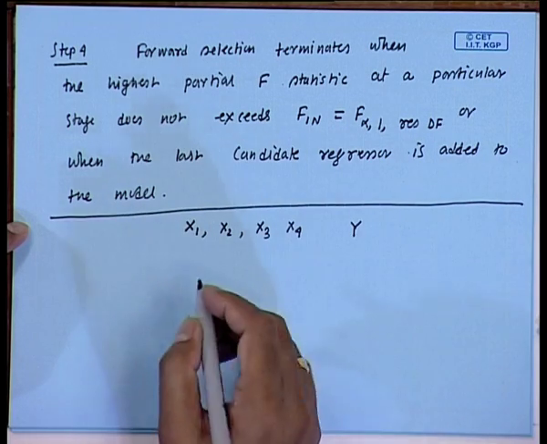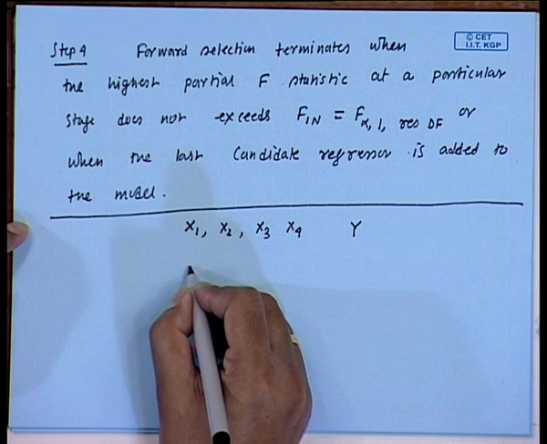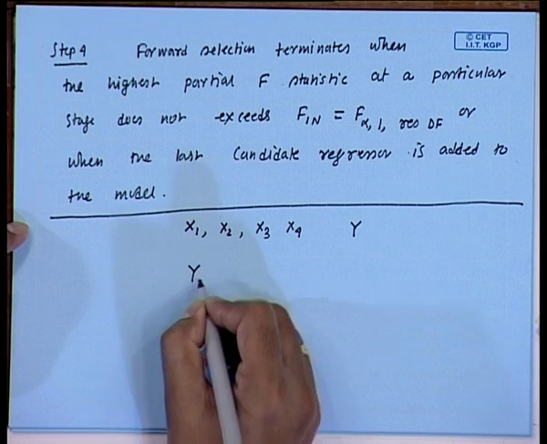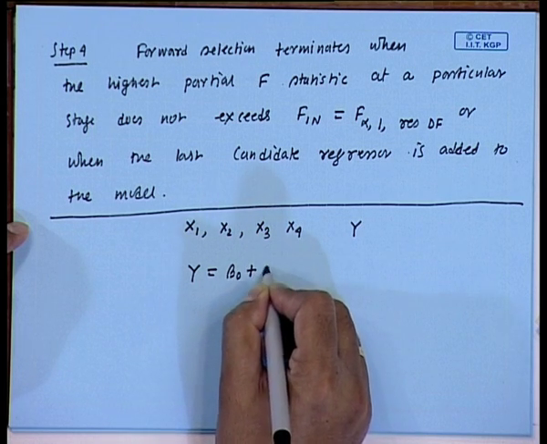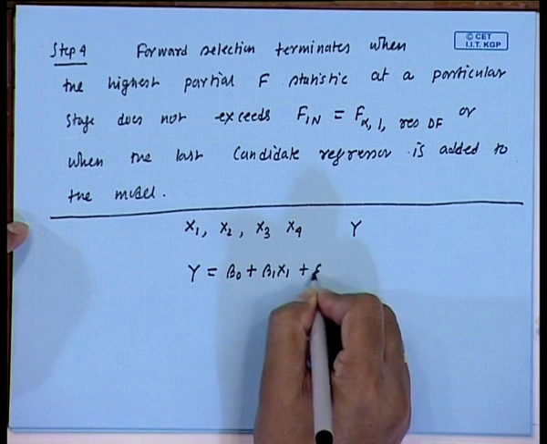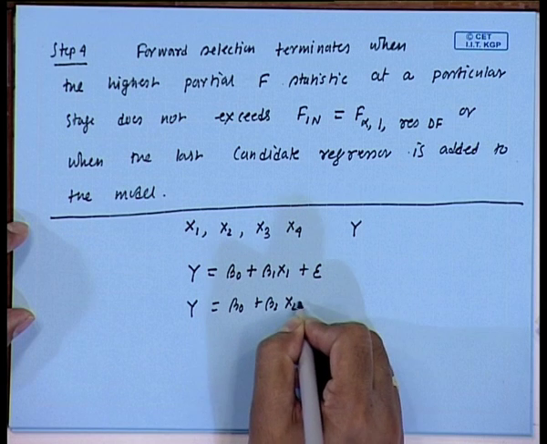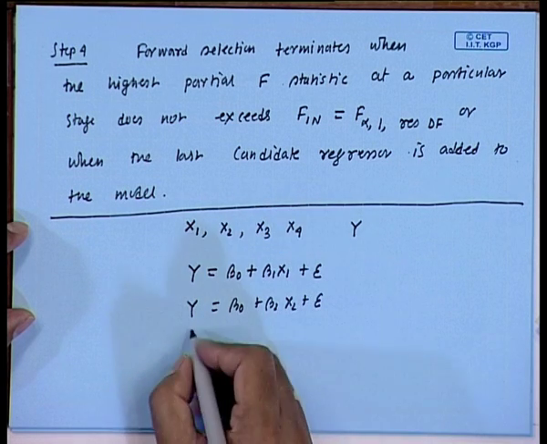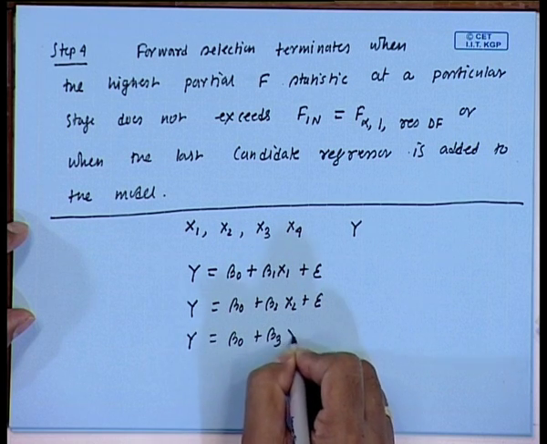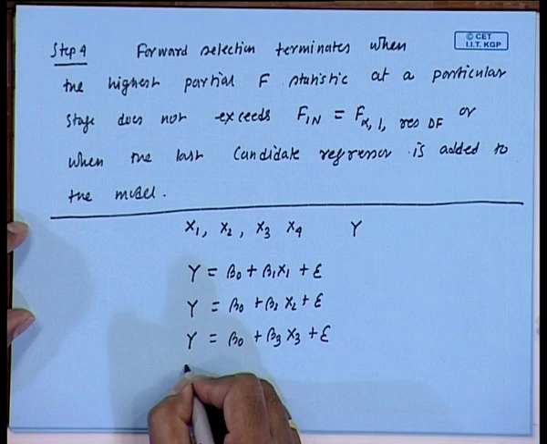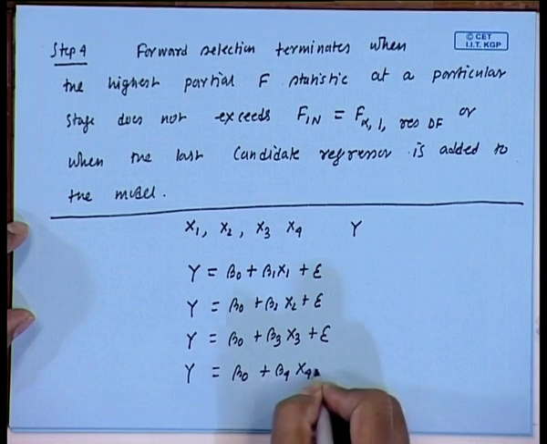In the first step I will consider the F statistic value for the models y equal to beta naught plus beta 1 x1 plus epsilon, y equal to beta naught plus beta 2 x2 plus epsilon, y equal to beta naught plus beta 3 x3 plus epsilon, y equal to beta naught plus beta 4 x4 plus epsilon.